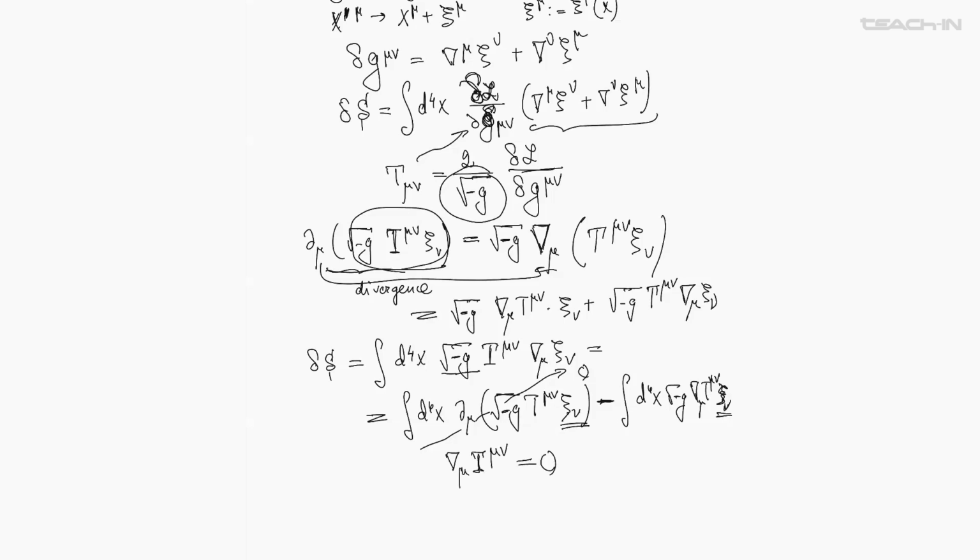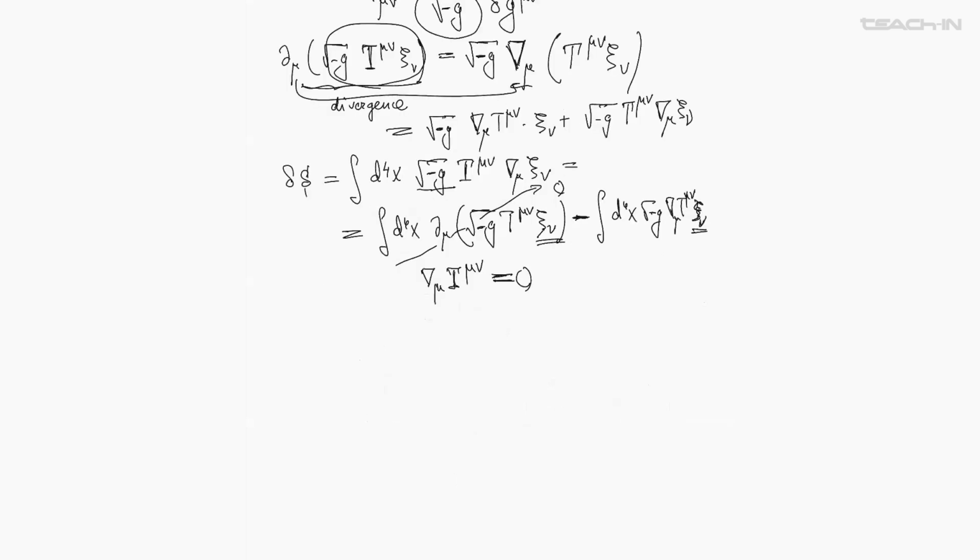So this conservation law, it's not really a conservation law, because the derivative here is not the usual derivative, but rather a covariant derivative, which acts on T^{μν} and gives you 0.